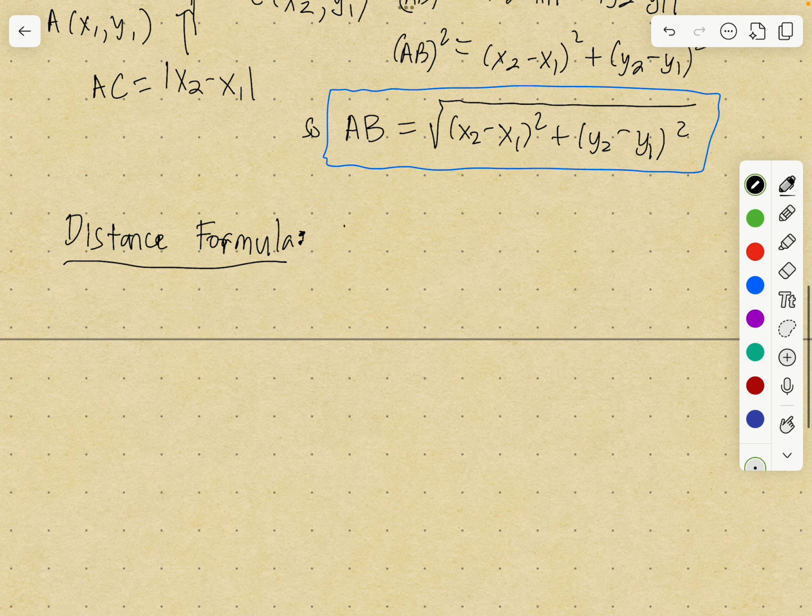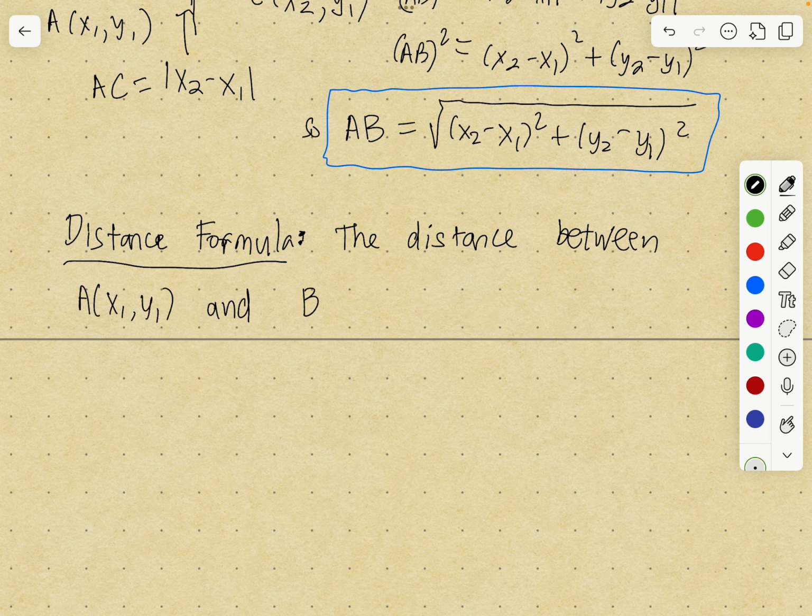The distance formula says that the distance between 2 points, A, which is x1, y1, and B, which is x2, y2, is the square root of parentheses x2 minus x1 squared plus y2 minus y1 squared.